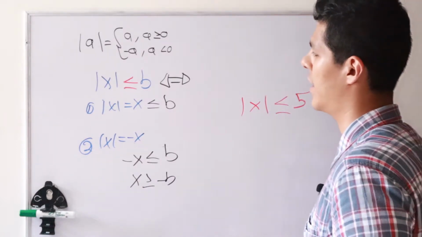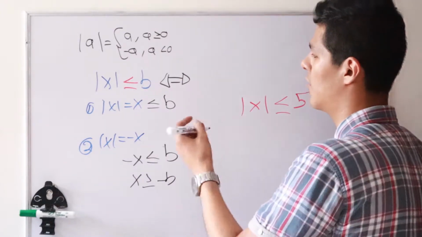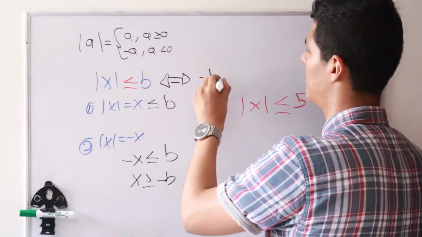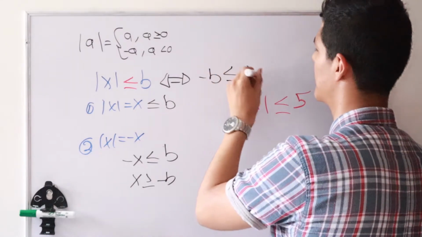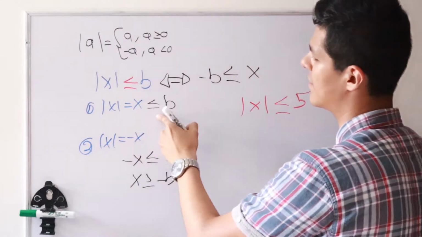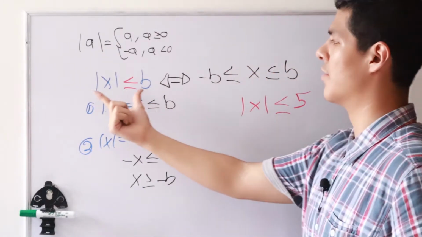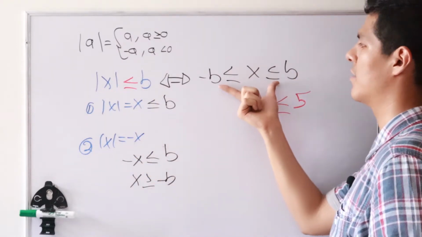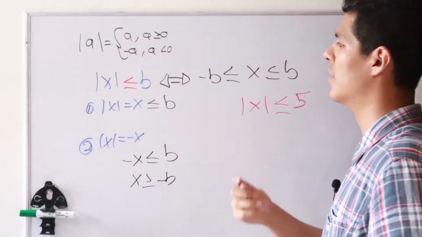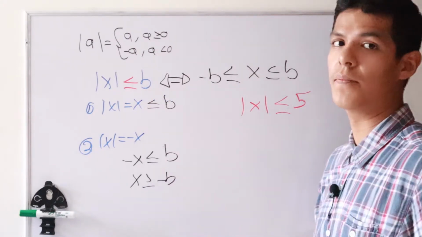So by putting these two conditions together, we have that minus B is less or equal to X, but also X is less or equal to B. So from this proposition we have the set of numbers that satisfies this condition.